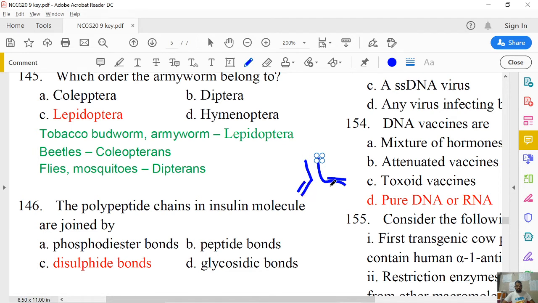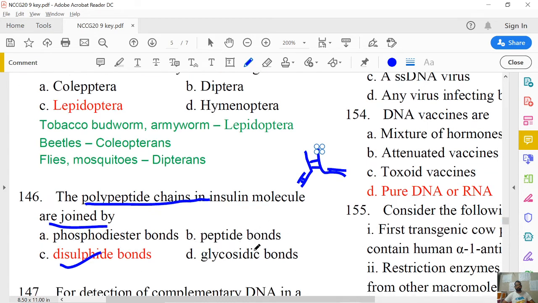I have totally 4 polypeptide chains in the antibody here. These polypeptide chains are attached with each other by disulfide bonds. Inside this polypeptide chain, you can find the peptide bonds, but that's a different thing. The question is about polypeptide chains in insulin molecule being joined by disulfide bonds. So the answer is C.